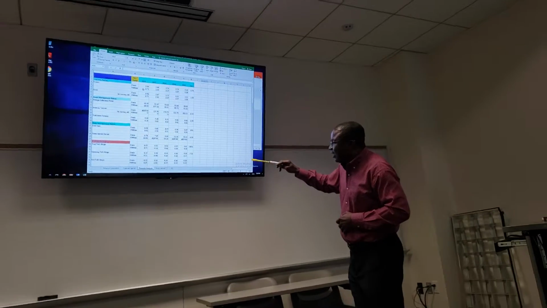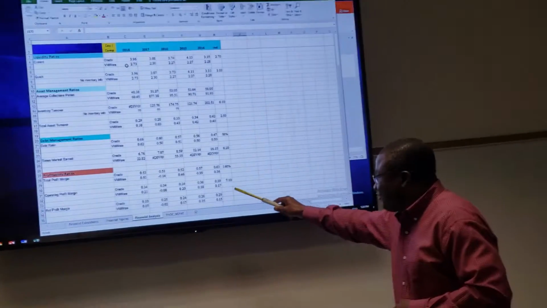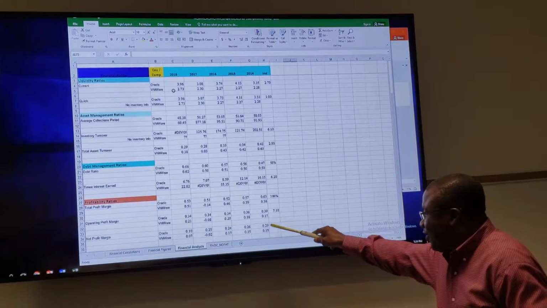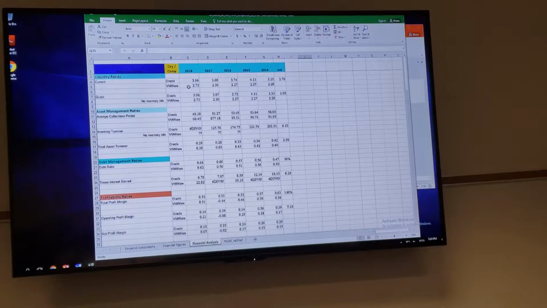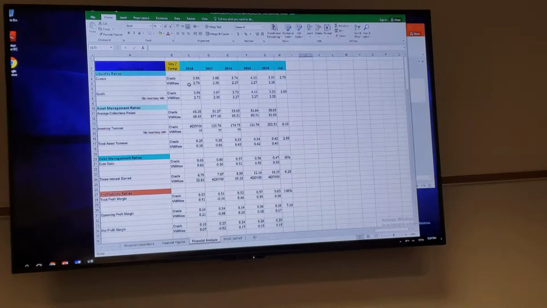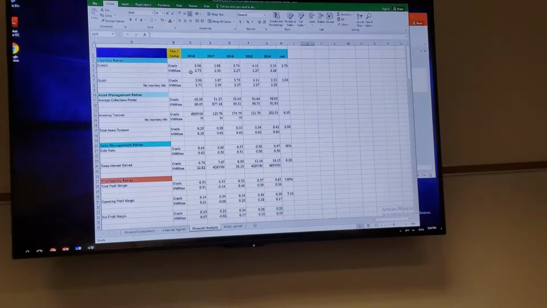And for operating profit margin, their figure is significantly lower than the industrial average, which means there's a whole lot of room for them to optimize their profitability.